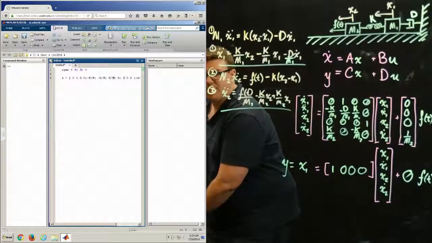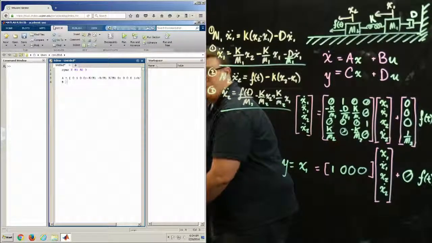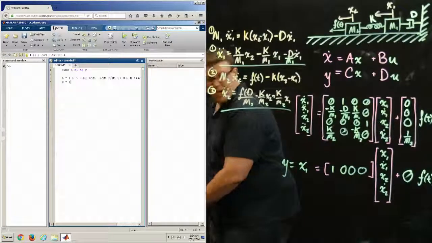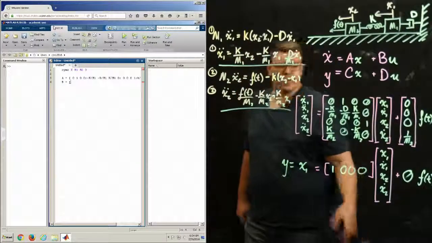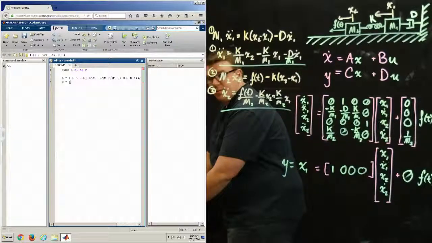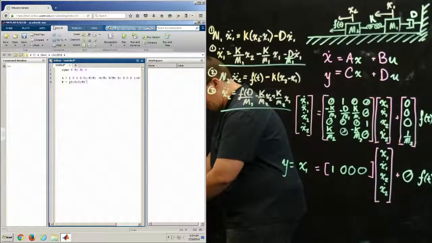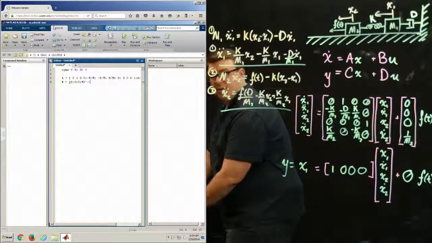The next thing we have to do is build the B matrix. So B equals, and this has to be a column vector. That's going to be 0, 0, 0, and then 1 over m2. So we get 0, semicolon, 0, semicolon, 0, semicolon, and then m2 to the negative 1.